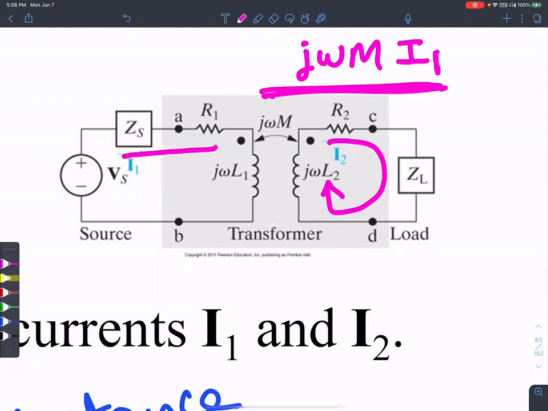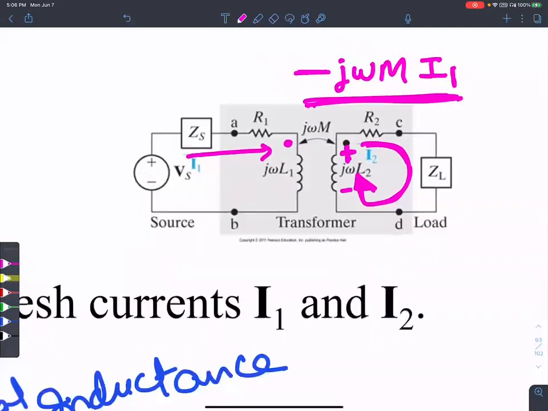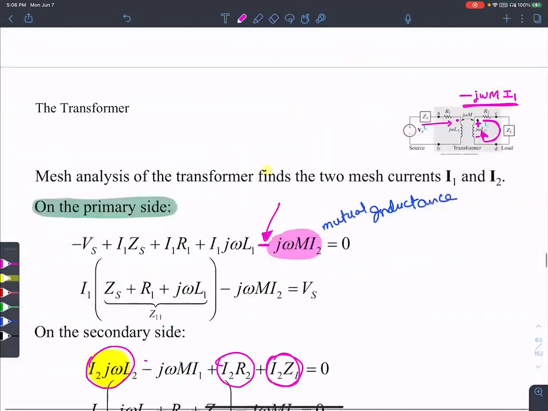The reference current is entering the dot, therefore it leaves a plus on the other dot. This voltage dropped is in the opposite direction of I2, therefore you leave a negative over there. That's what determines this negative j omega M I1.